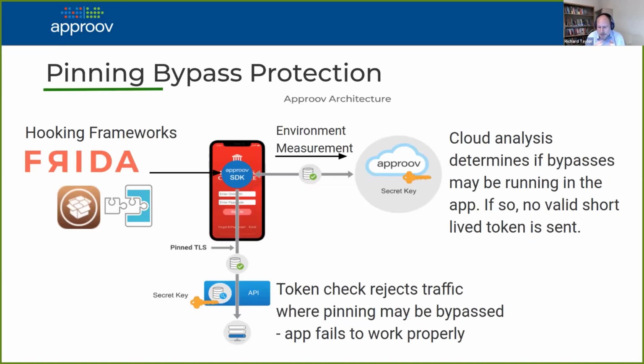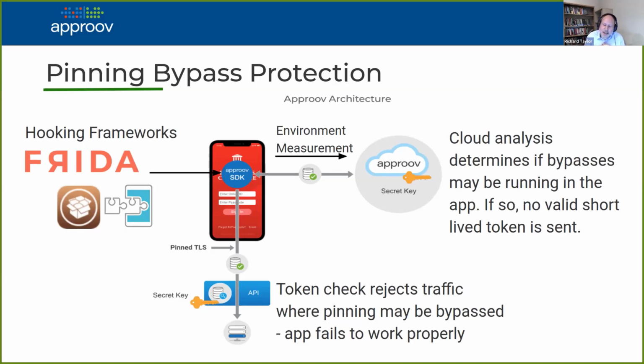So the way that works is that the SDK sort of behind the scenes is gathering information about what's going on, sending environment measurements back to our cloud service, and then that is sending a very short-lived token back to the app, which then sends that particular token to back-end APIs. And if the environment measurements don't check out because the app's been changed, or there's an instrumentation framework running, or various other things, then we won't send a validly signed token back.